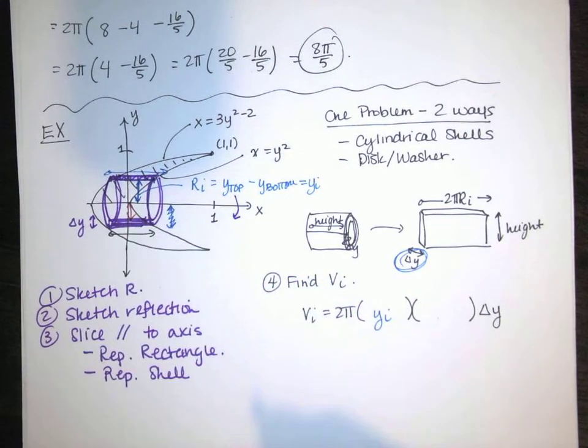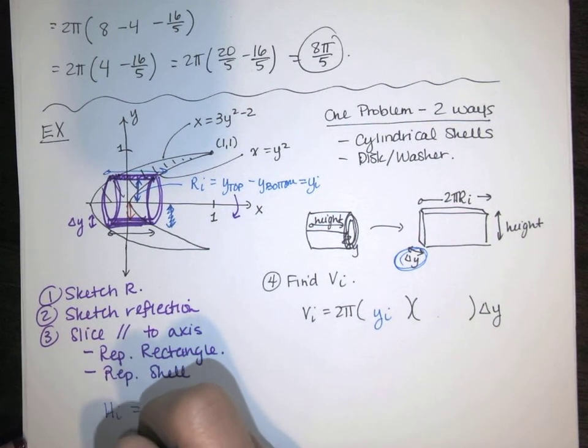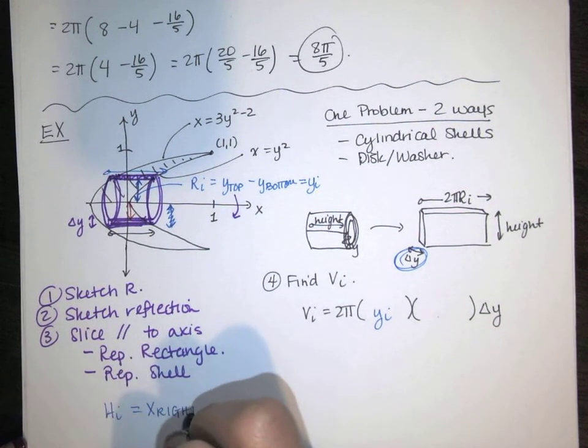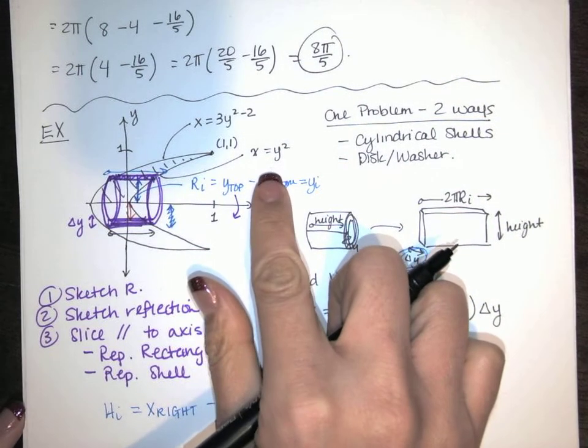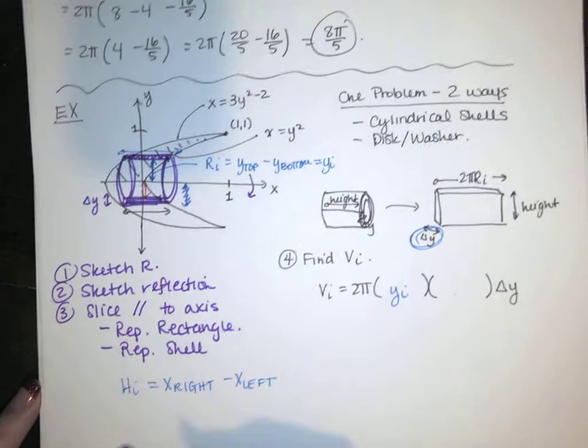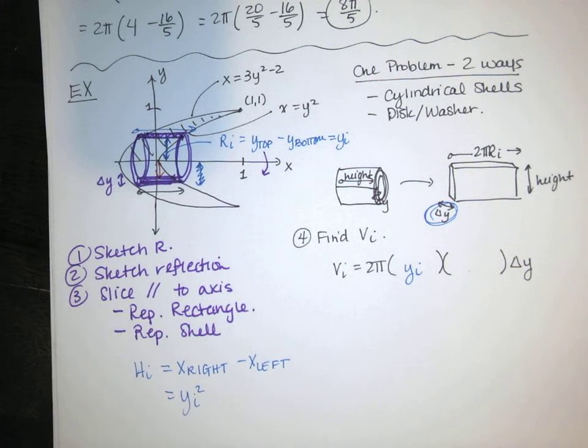Okay, and now the height, I marked it here, but it's really this distance up here. It's x on the right minus x on the left. And actually it's nice, it was given to us. X on the right is just y squared. Put a little i on it for the ith shell.